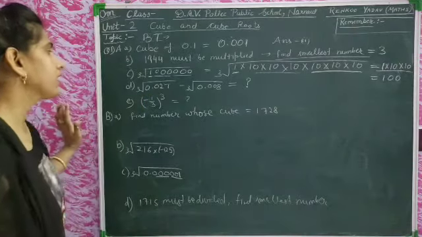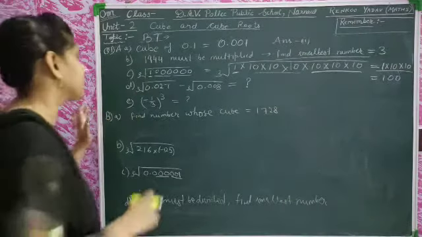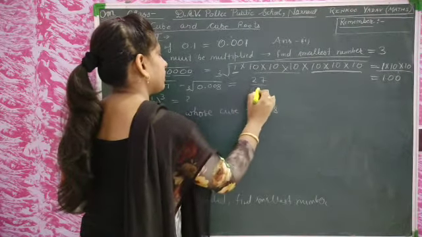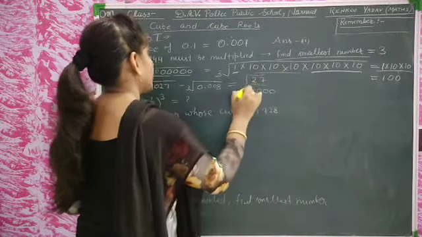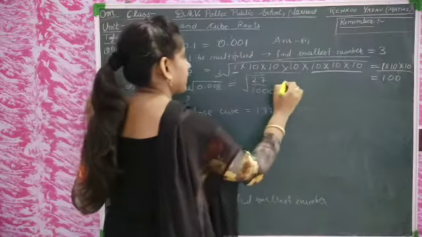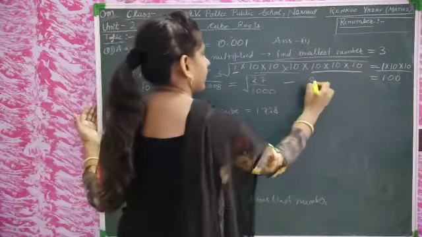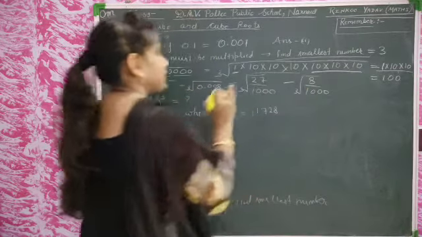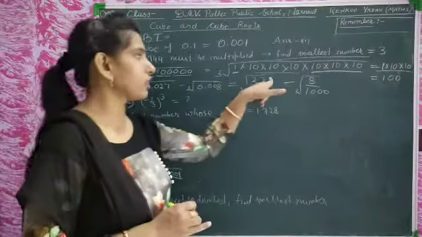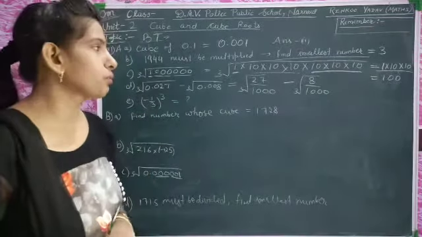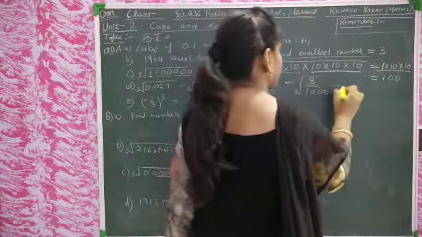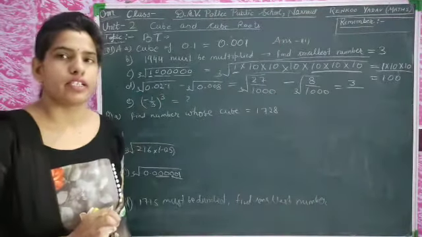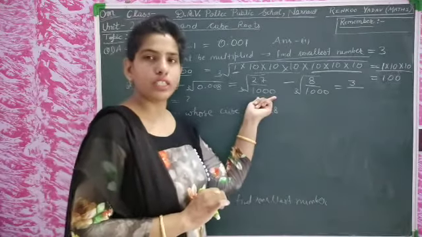Now, let's write it as the cube root of 27 divided by 1000, minus the cube root of 8 divided by 1000. Students, you are seeing that 27 is the cube of 3, so its cube root is 3, divided by 10, since 10 cube is equal to 1000.